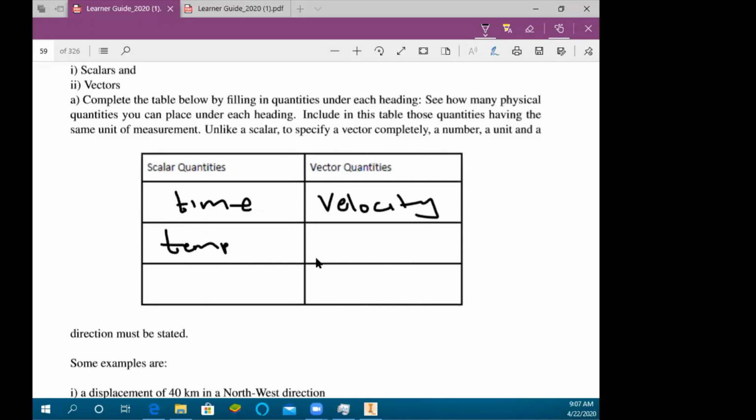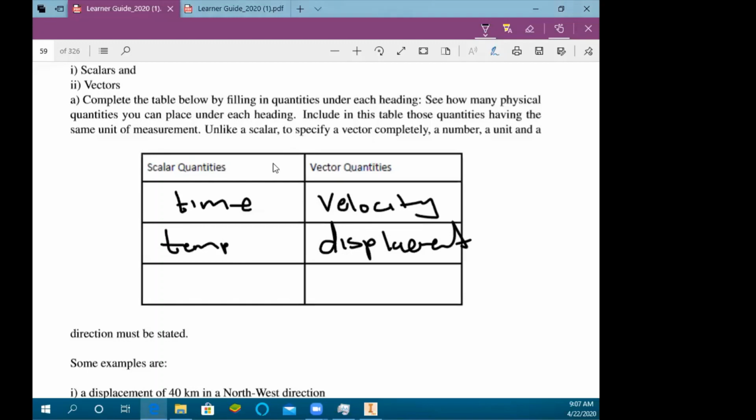Let's continue. Mahlatsi Maloma again, just give me another vector quantity here. Displacement, sir. Okay. Can you hear me, sir? Yeah, I can. Thank you.